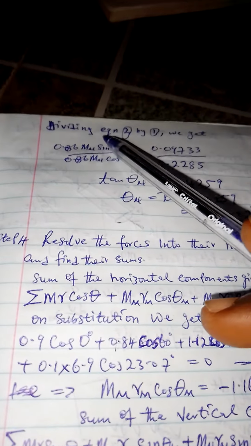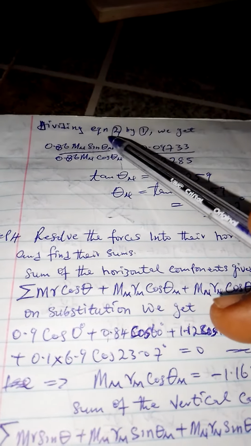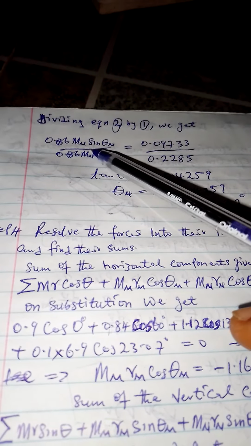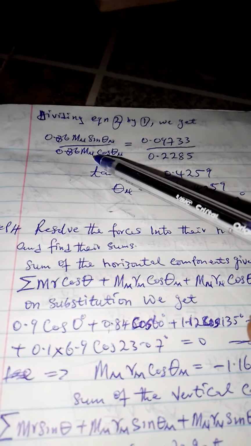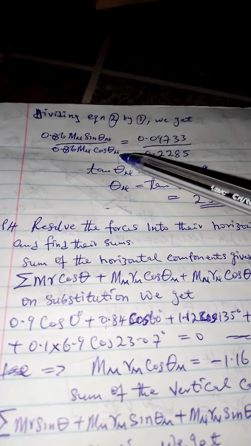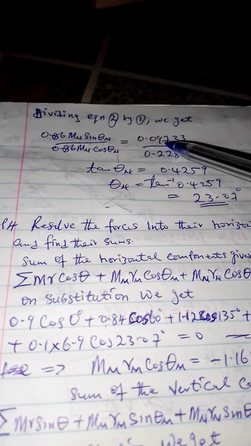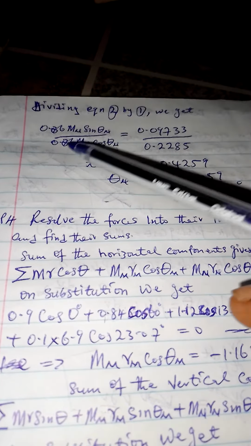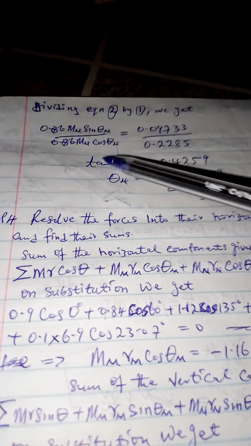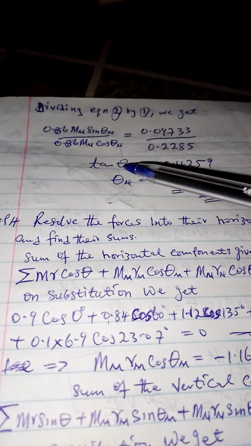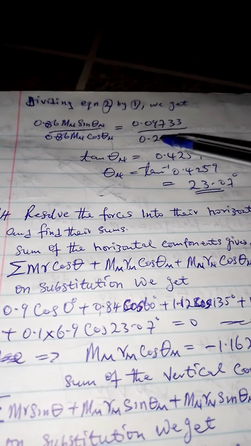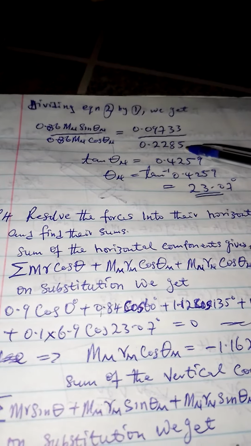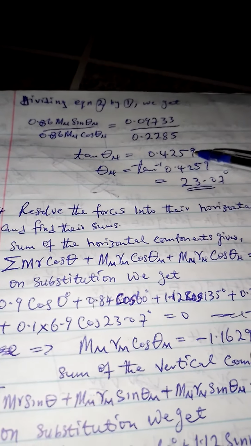So in order to find the angular position, you divide equation 2 by equation 1, which will give you 0.036 mn sin theta n over 0.036 mn cos theta n is equal to 0.09733 over 0.2285. So this cancels out. You have sine theta over cos theta, which will give you tan theta n is equal to 0.09733 divided by 0.2285, which will give you 0.4259.